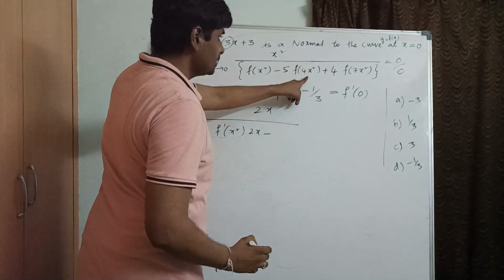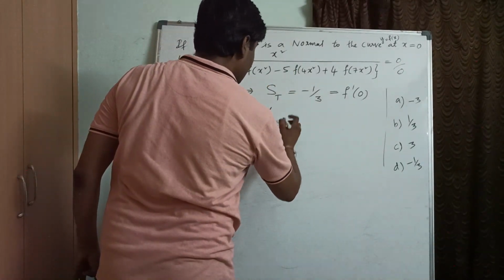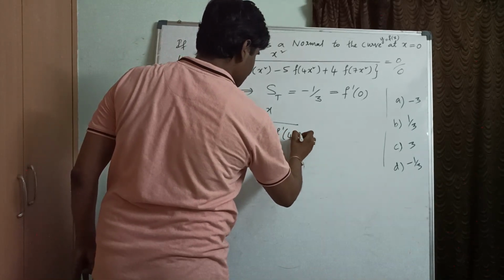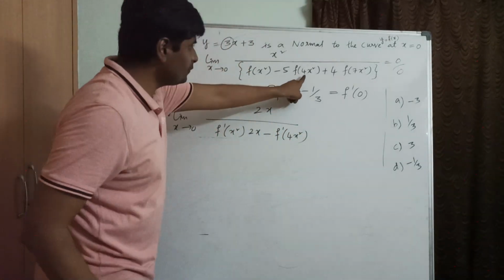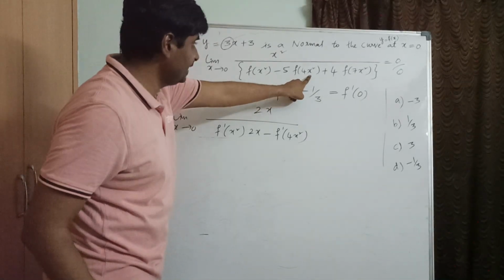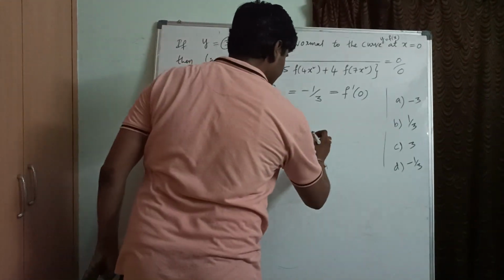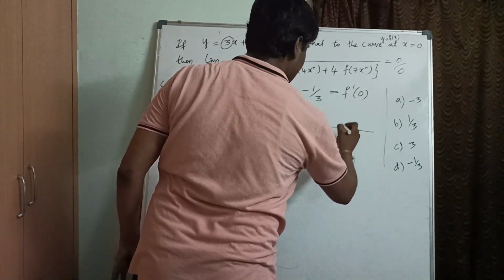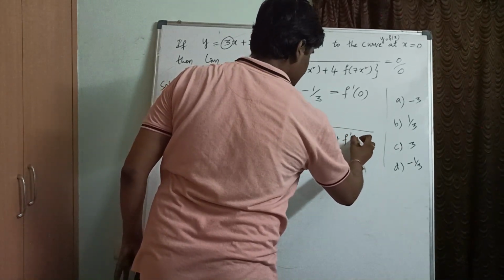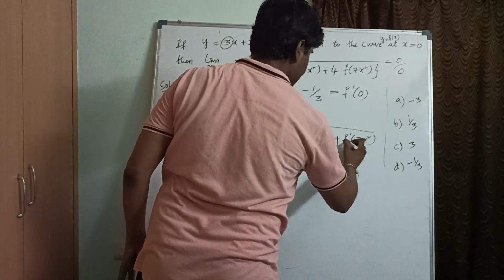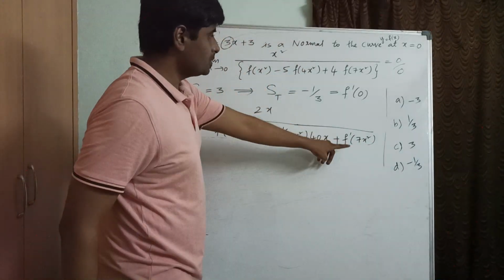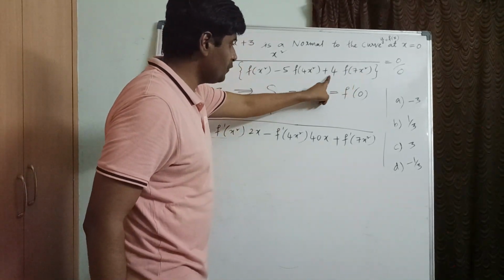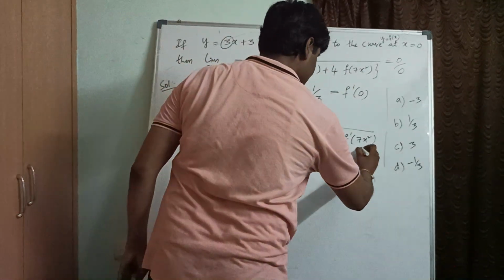Now here also f dash of 4x², and again the derivative of 4x² is 4 into 2x, 8x, 8x into 5, 40x. Hope you can understand, clear? Here also f dash of 7x². Correct? The derivative of 7x² is 7 into 2x, 14x, 14x into 4, 56x.